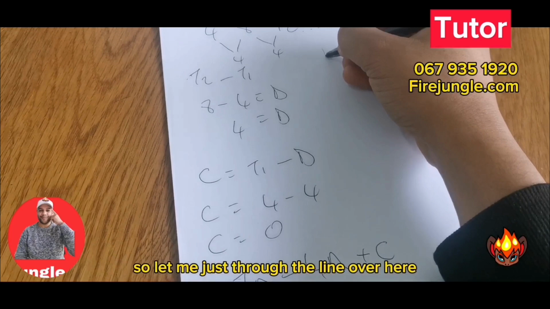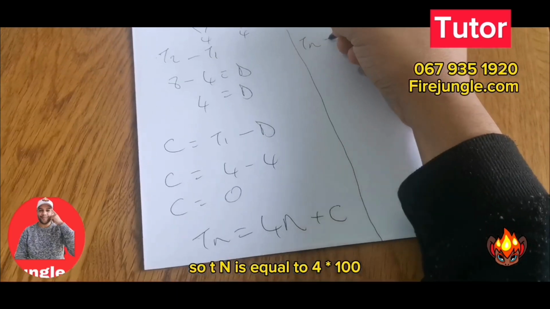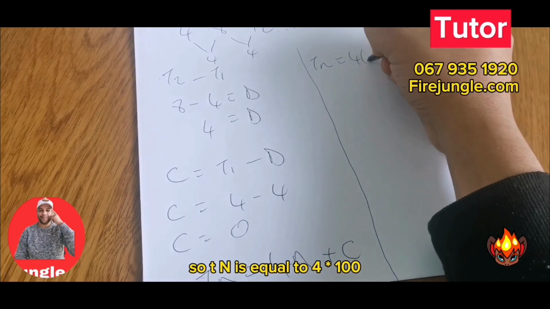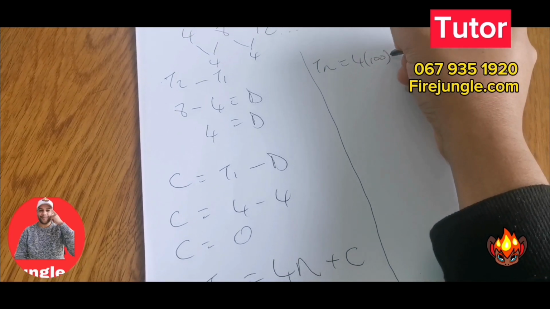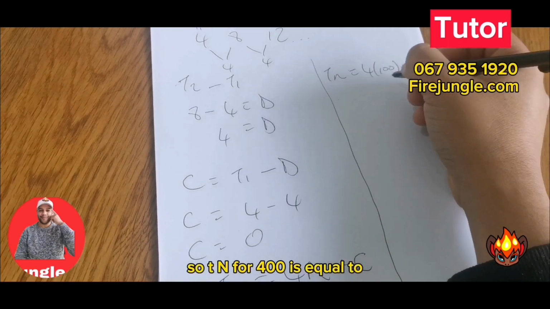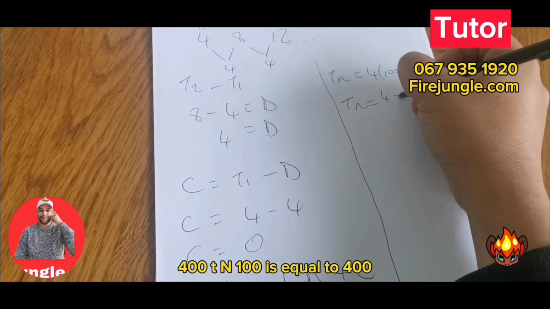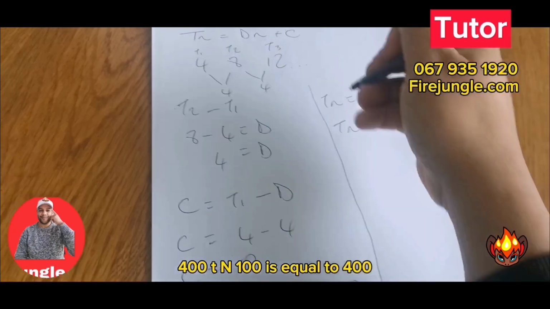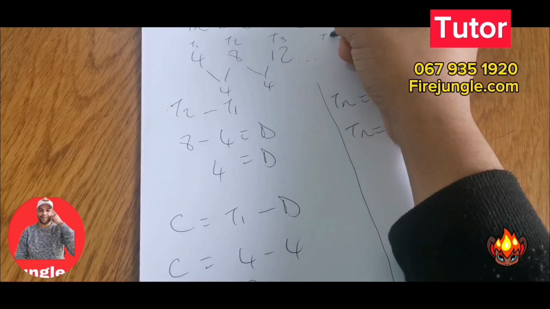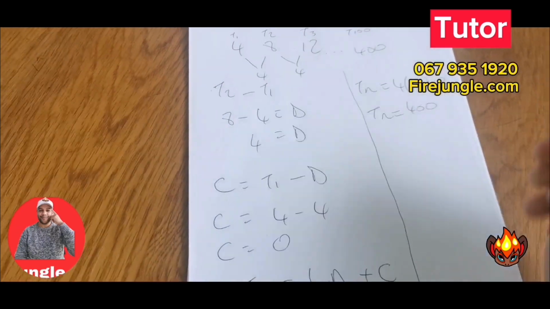Let me just draw a line over here. Tn is equal to 4 times 100 plus 0. So T100 is equal to 400. The 100th term is going to be equal to 400.